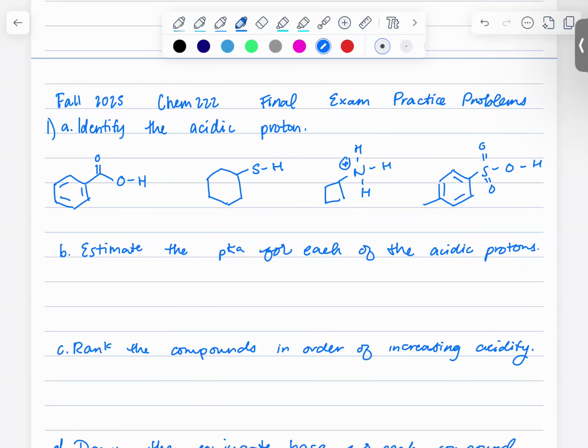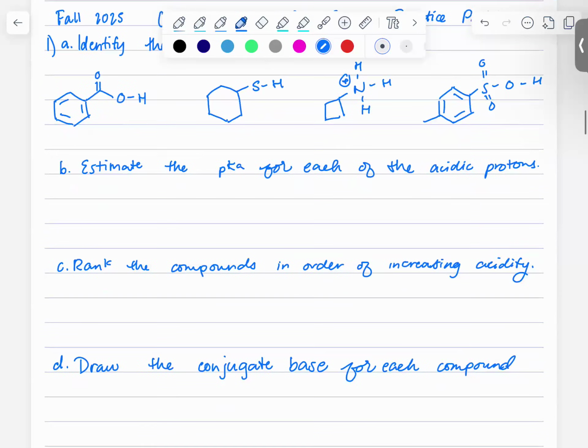We'll start out with taking these 4 structures and identifying the most acidic proton, and then we will go through and look at the pKa's, rank them, and draw the conjugate bases. What's up? Lecture 8 is the one that has the pKa table.